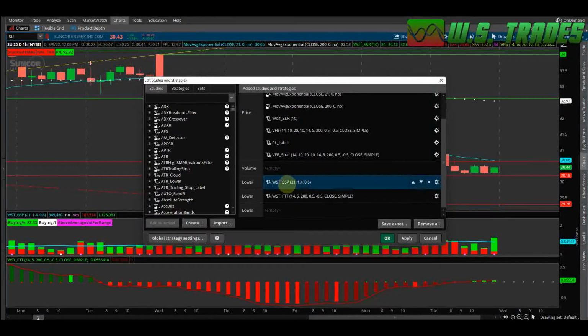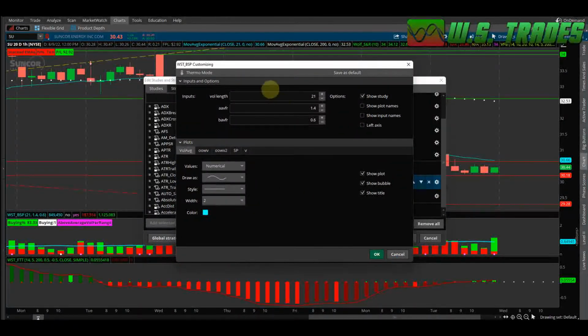So you come over to the BSP, hit this little cog, and these are the different settings you can do. The volume length is for your average, this blue line. You can make it longer or shorter. Maybe if you're on the daily chart and you only want the past 5 days average, if you're quick swing trading, you could do that.